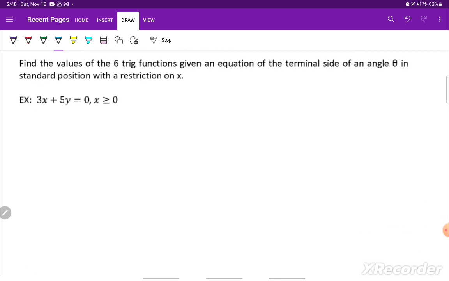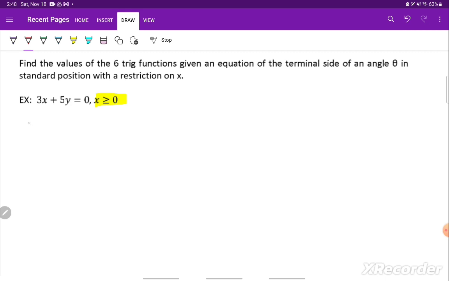So let's find the values of our 6 trig functions given 3x plus 5y equals 0 coincides with the terminal side of the angle in standard position. Well, we need to get a point, and we were given a domain restriction that x is greater than or equal to 0, so I'm going to need to choose an x value that's greater than or equal to 0 when I'm trying to find my point.